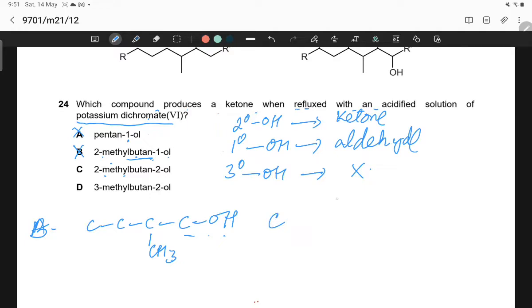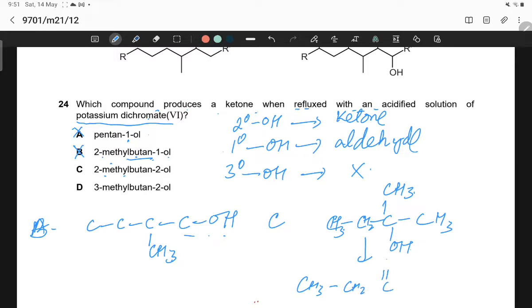Option C is 2-methyl butane 2-ol. OH, 2-methyl, CH3, CH2 CH3. Is this converted into ketone? CH3, CH2, C double bond O, CH3 and CH3.